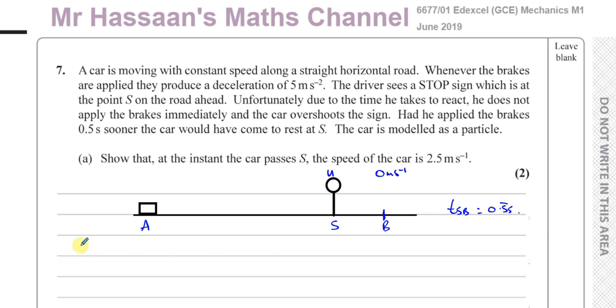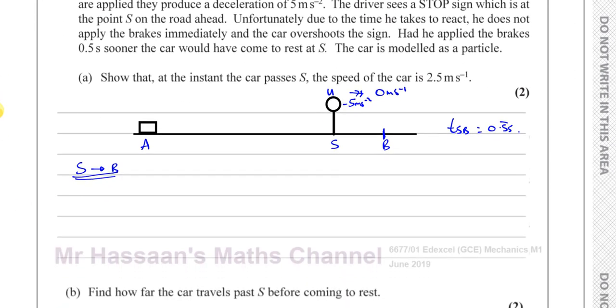If we consider the section of the journey between S and B, we have a deceleration because the brakes are being applied in that same section, and it produces a deceleration of 5 meters per second squared, which is -5 because it's deceleration.